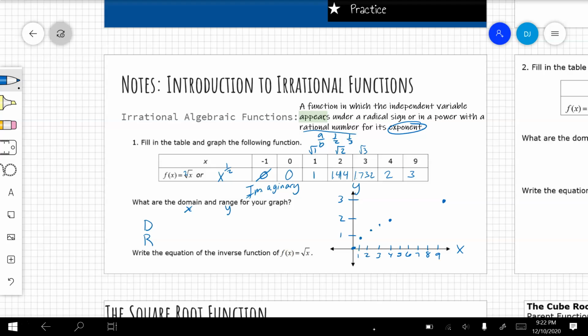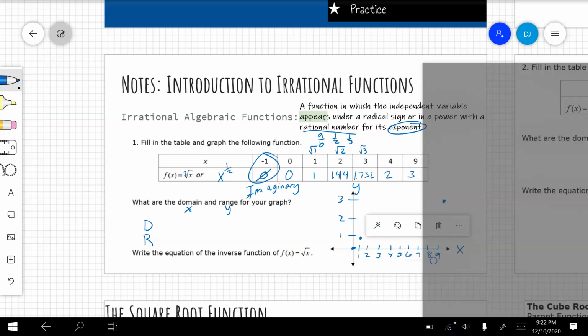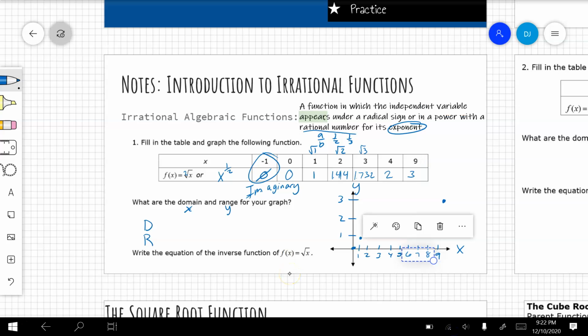And then we cannot graph our imaginary square root of negative 1. So we're going to start here, and we're going to go all the way out. It literally is just part of a parabola that has been reflected across the line y equals x, because remember, that's the inverse.